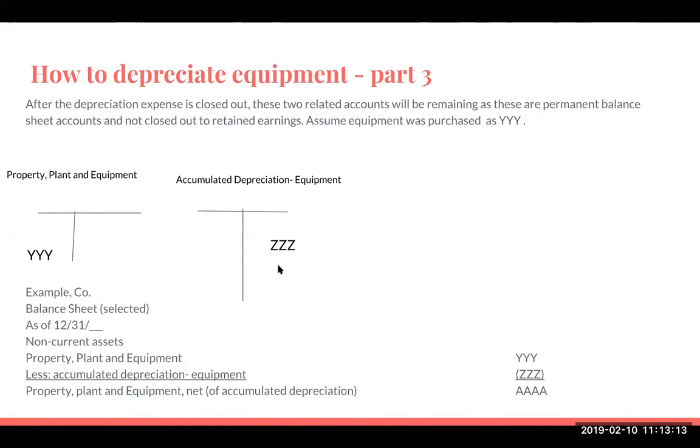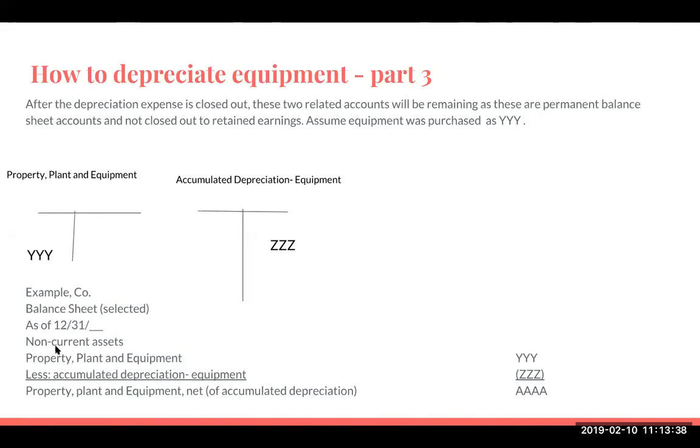So you can see how this looks. This would essentially be property, plant, and equipment less the accumulated depreciation on the equipment. Remember, this has a credit balance, so it's reducing the carrying value of this property, plant, and equipment. And this will give us property, plant, and equipment net. What does net mean?